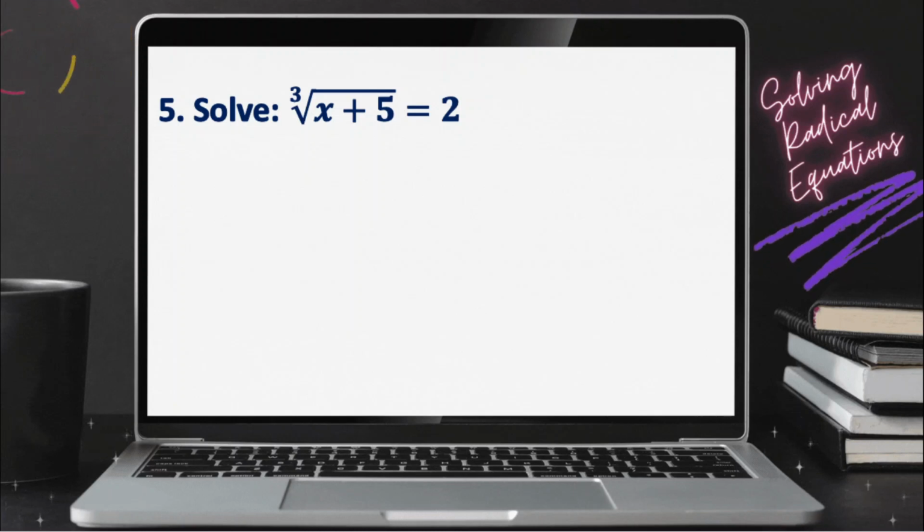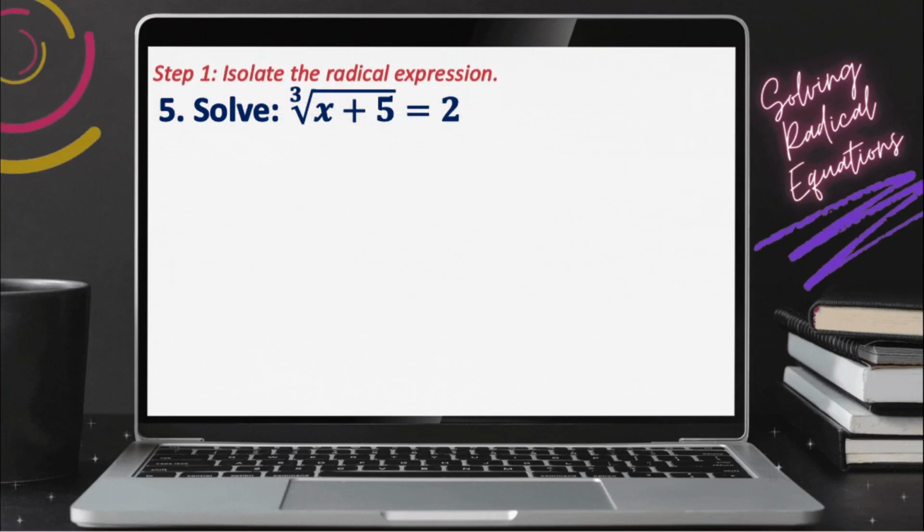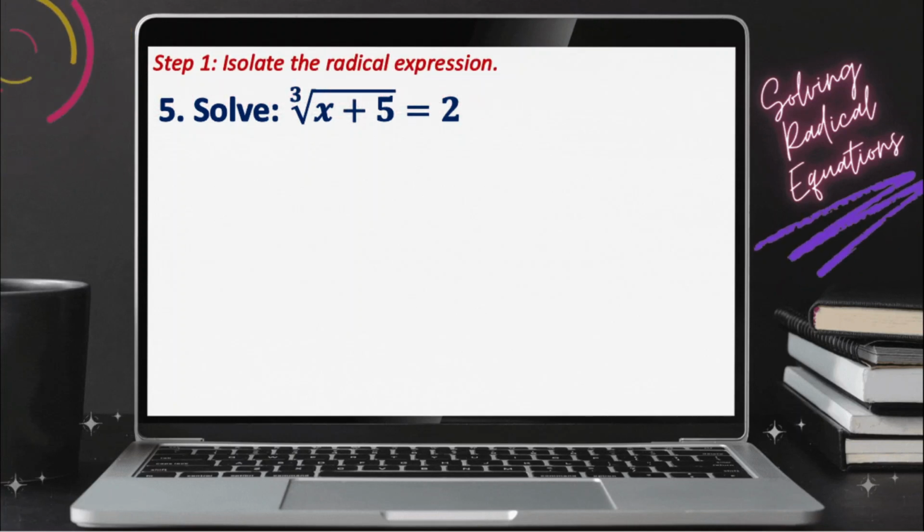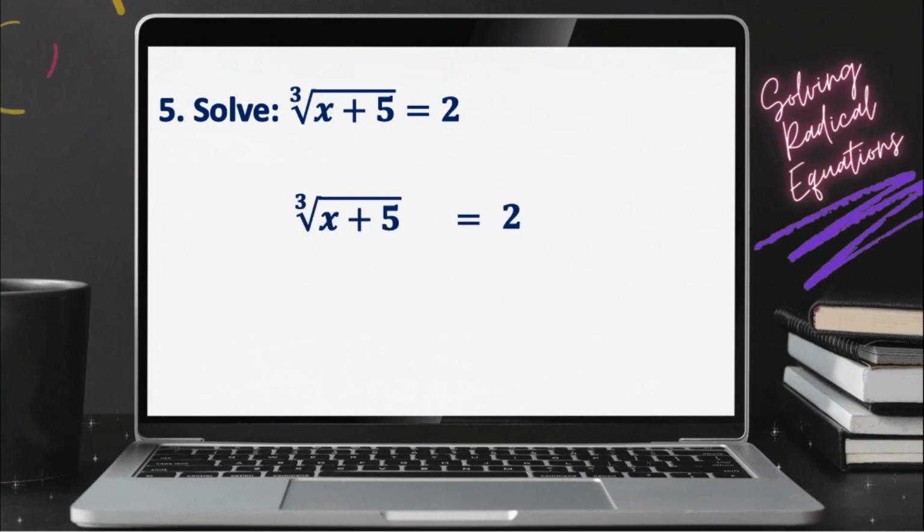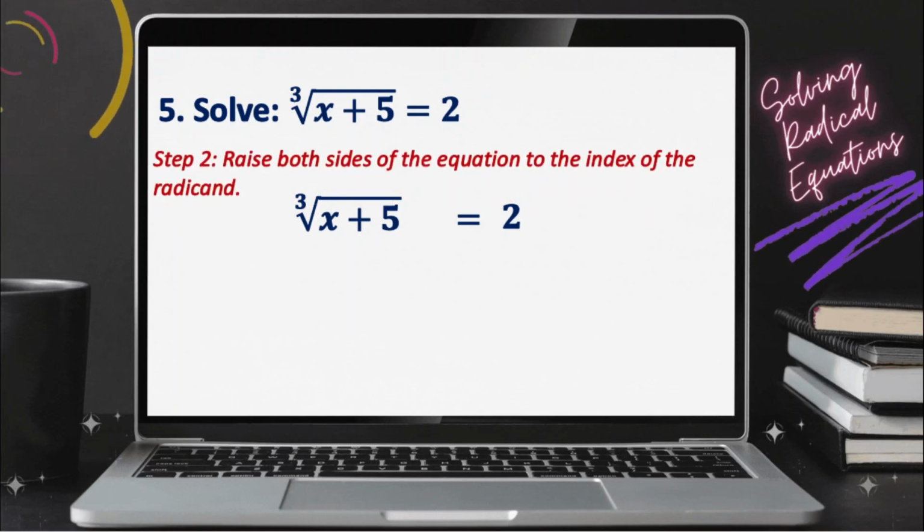Number 5. Solve cube root of the binomial x plus 5 is equal to 2. Step number 1. So, ang ating radical expression is already isolated. So, proceed tayo sa step number 2. Ang ating index dito ay 3 since cube root ang ating radical symbol.